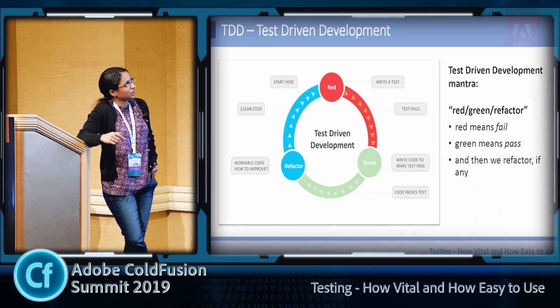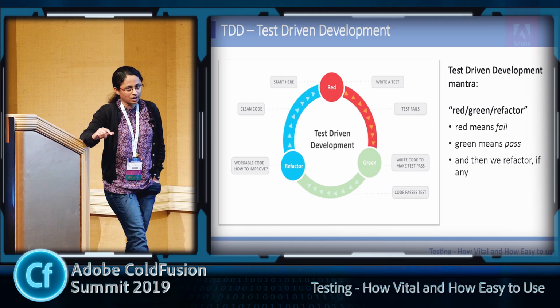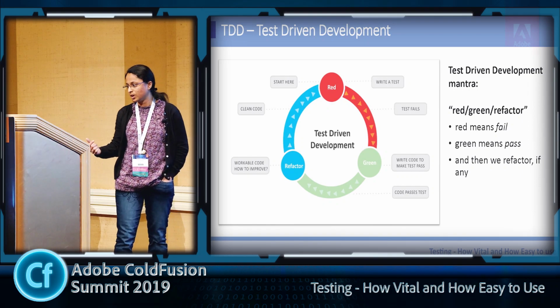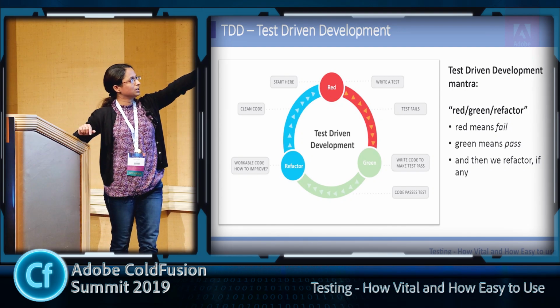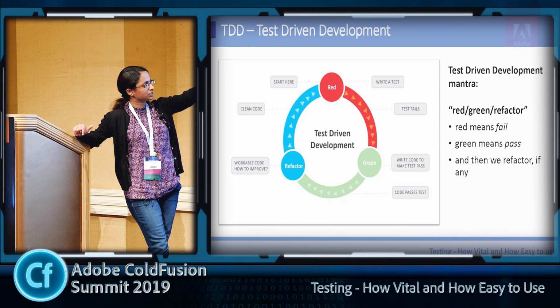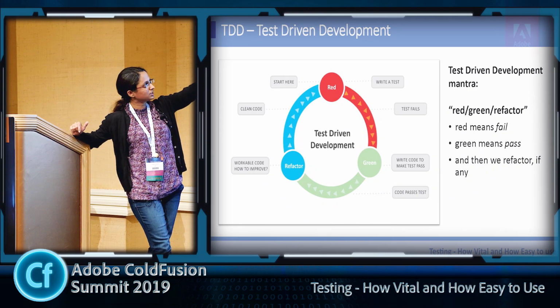But in test-driven development, it's the other way around. You write the test first and then you write the code. So it's like a reactive program. So we start with the red circle there. We write a test, and since there is no code yet, when we run the test it is going to fail. And then we write just enough code to make that test pass. If the test is not passing, we'll still write some more code to make the test pass.